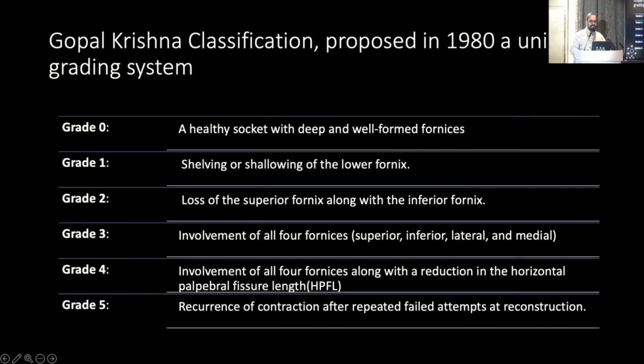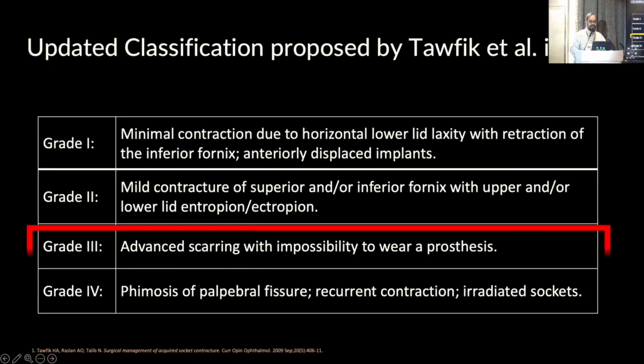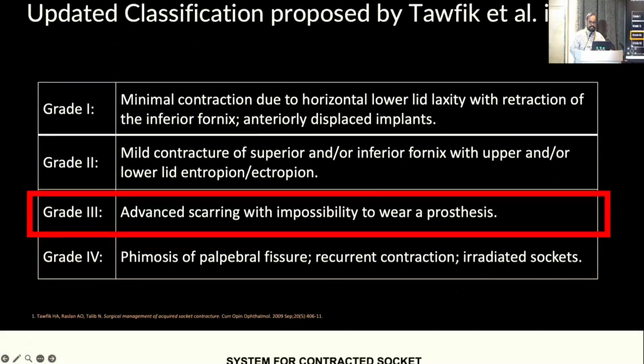The Gopal Krishna classification was a very unique grading system based on the fornices, depending upon the upper, superior, inferior, loss of fornices and involvement of all the four fornices. But it was upgraded by the classification by Tawfiq et al., which was based on how much contraction is there. Our case fits into grade 3, which is advanced scarring with impossibility to wear a prosthesis.